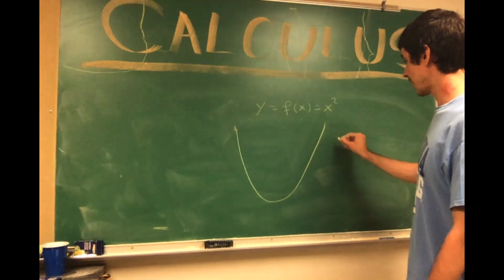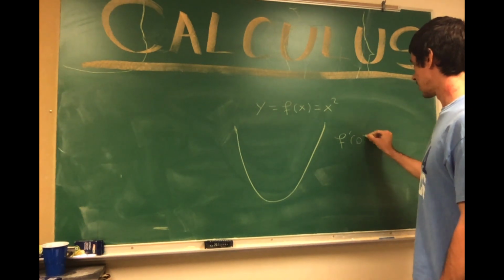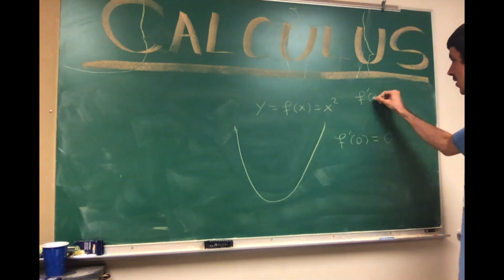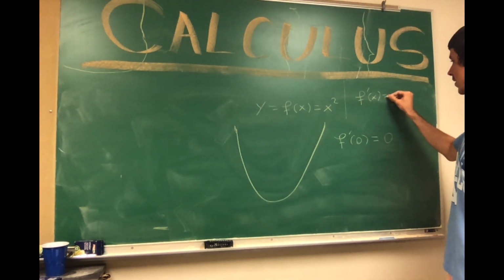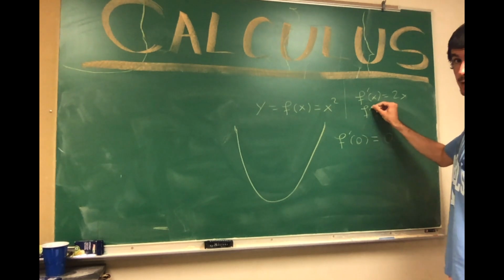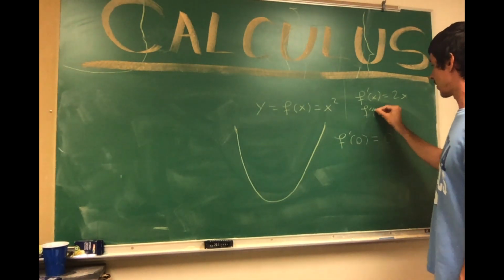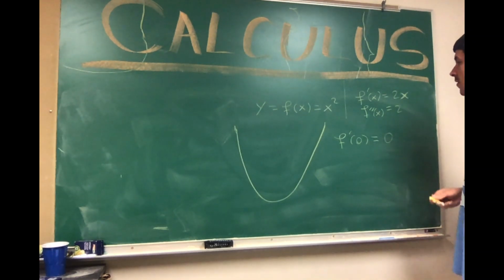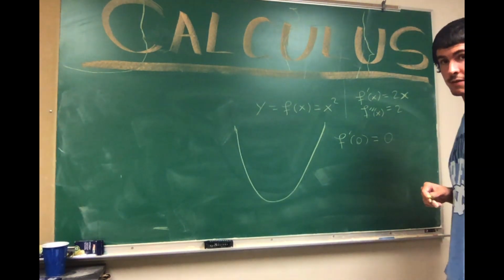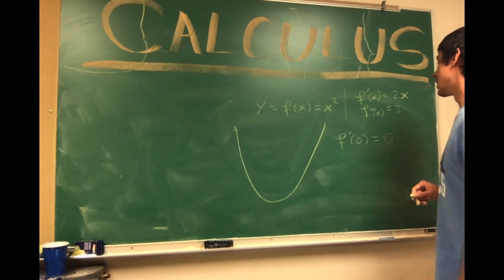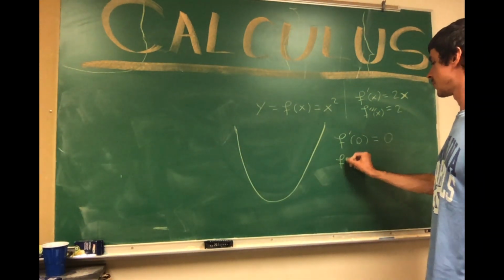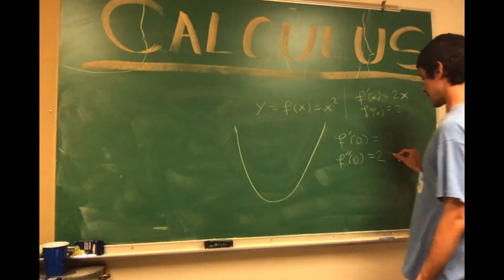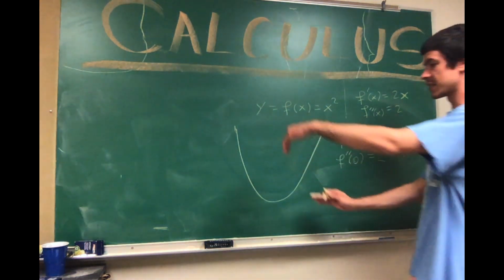And f prime of 0 equals 0, because f prime of x equals 2x. So the second derivative of f here is going to be just 2. The derivative of 2x is 2. The second derivative of f of x is the derivative of the derivative. So f double prime of 0 is just going to be 2, which is greater than 0. And that illustrates the fact that it's a minimum.